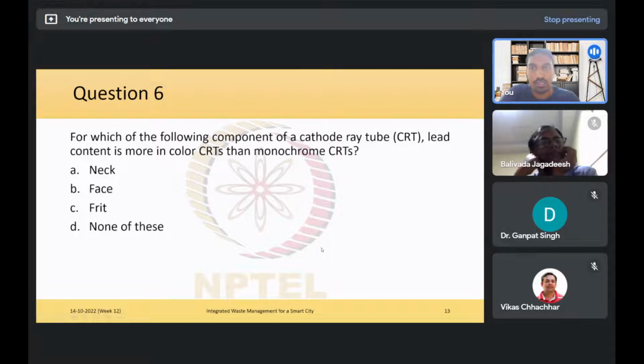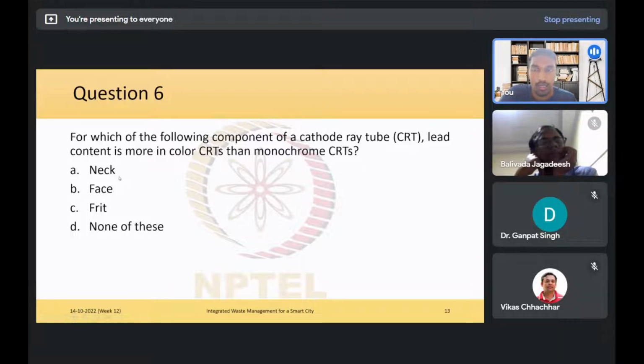Okay, so question 6. So we are moving away from the rules. For which of the following components of a cathode ray tube, CRT, is lead content more in color CRTs than monochrome CRTs? So if you compare color CRTs with monochrome CRTs, which component has more lead content?